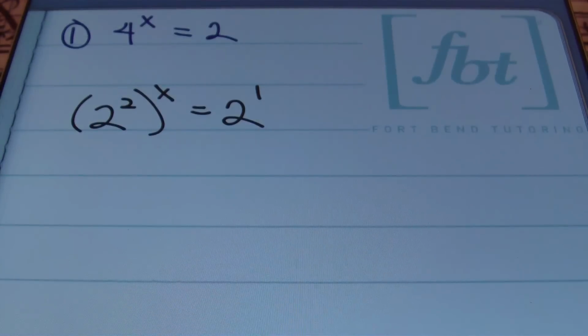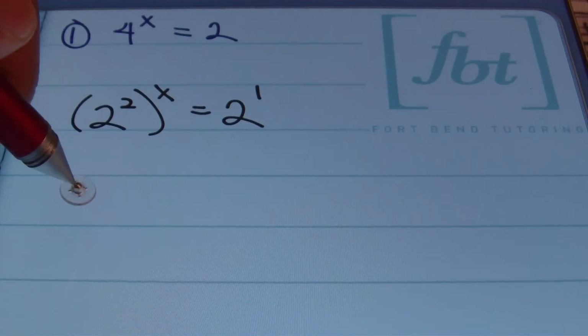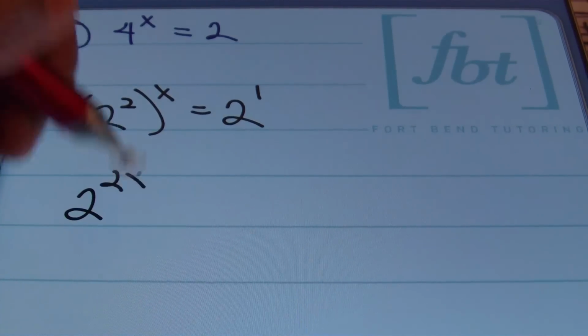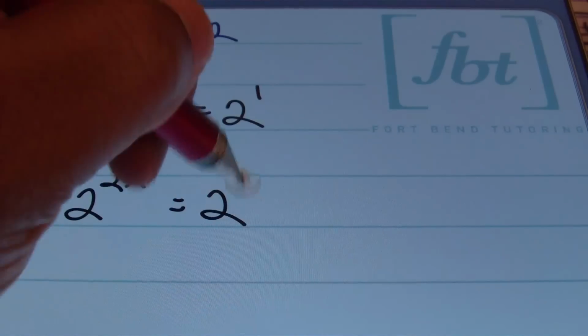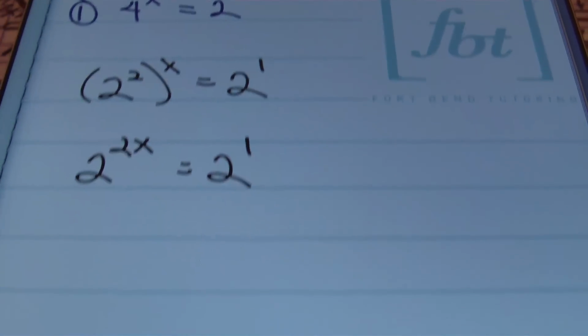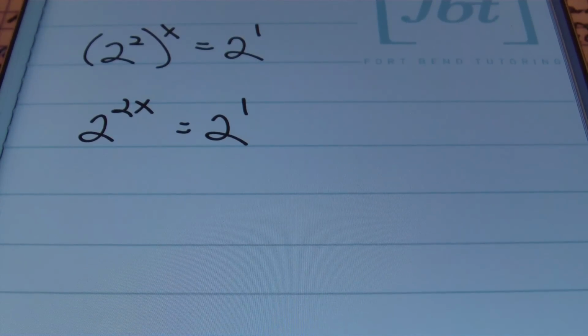Continuing on, anytime I have an exponent on the outside of a set of parentheses, when dealing with a monomial, multiply these exponents together. So I'm going to multiply the 2 and the x together, and I can go a step further and show that this will be 2 to the 2x equals 2 to the first power. Now I have an equation with like bases on either side of the equal sign.